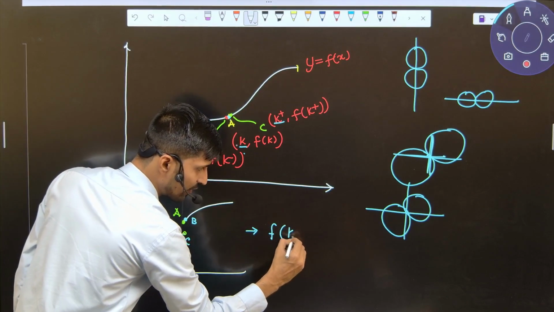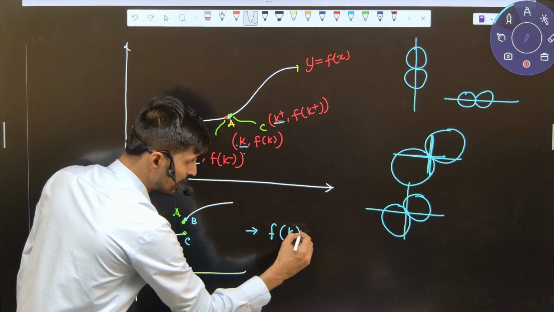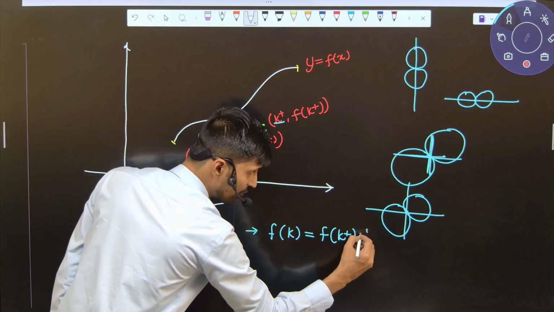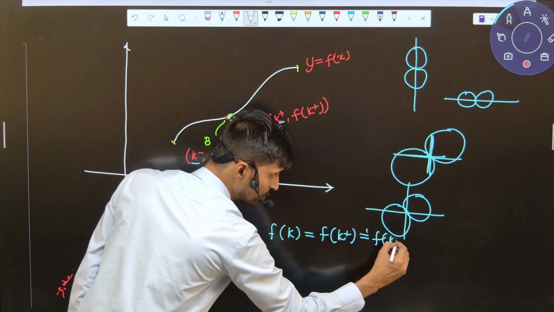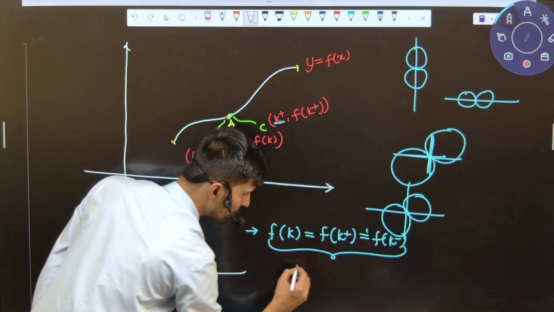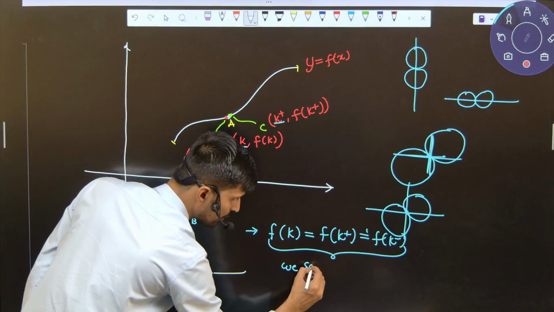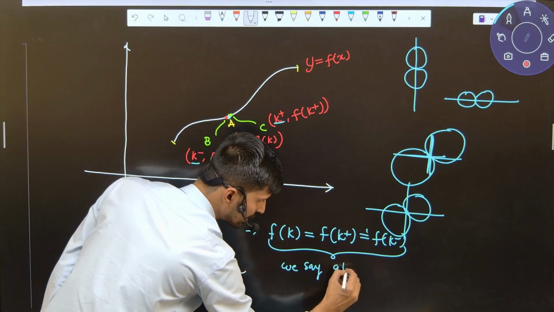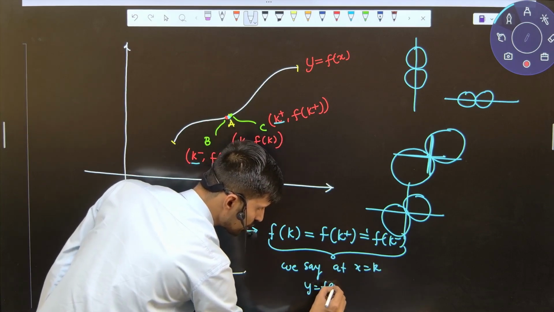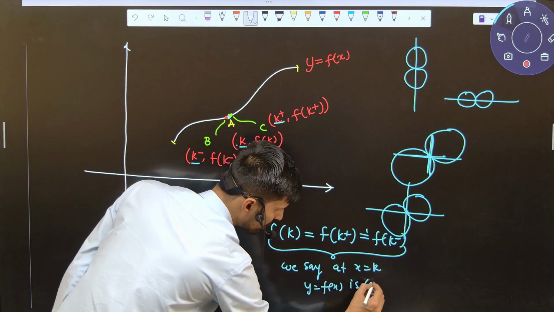So here we are writing one theory. f of k value, the y coordinate, f of k plus value and f of k minus value. If all three are equal, we say at x equals k, y equals f of x is continuous.